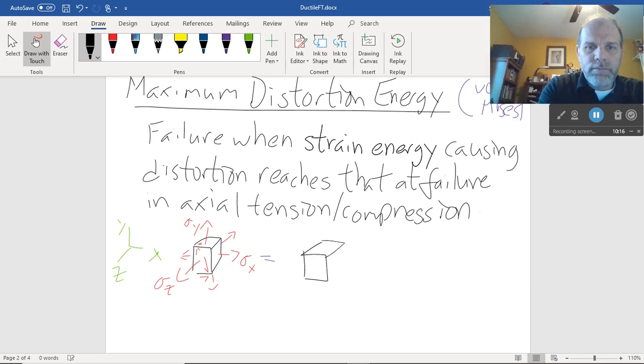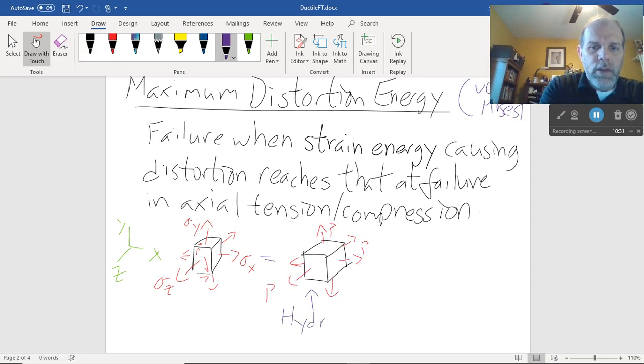Part one is what we call a hydrostatic component. And if you've seen anything to do with fluid mechanics, this word means something to you. It's a pressure. Notice I put P on all three directions.